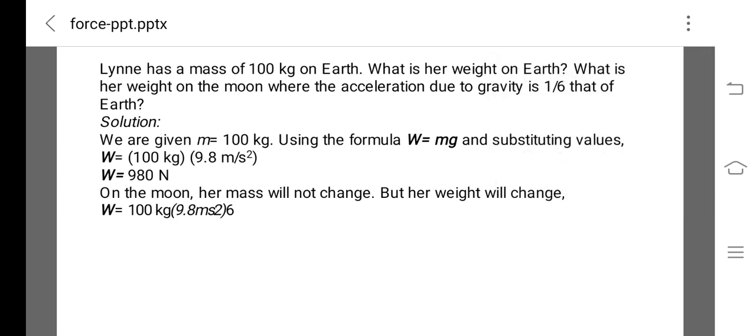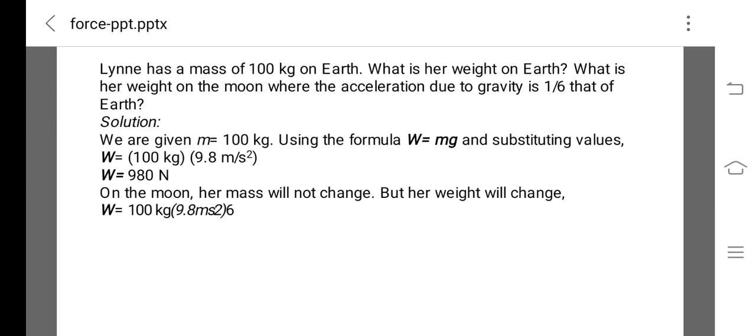W is equal to mg. So W equals mg, mass is 100 kilogram. And again, the gravity is 9.8 meter per second squared. That is already constant. It can't be changed. It is given. The gravity is always 9.8 meter per second squared.